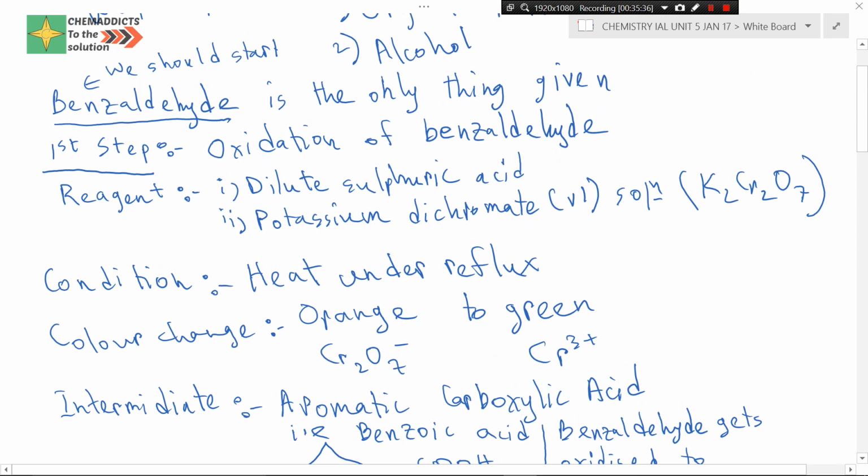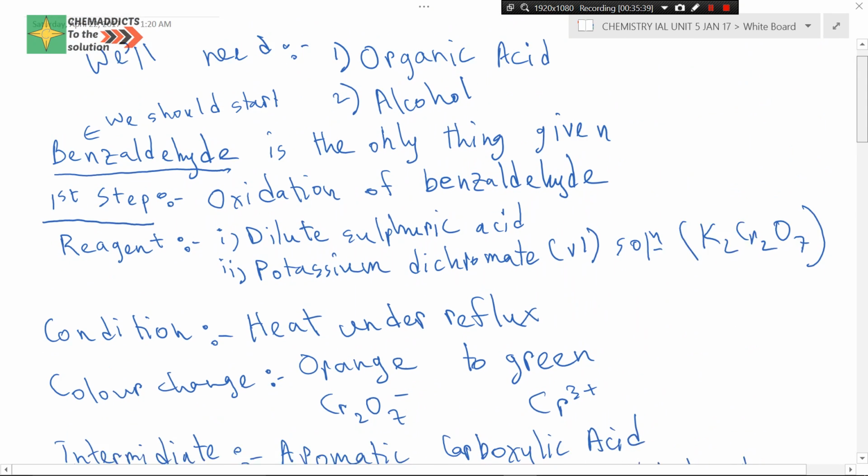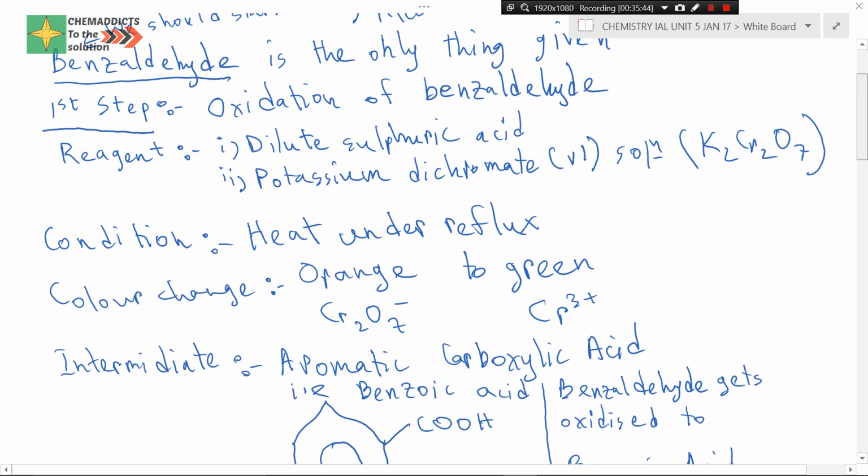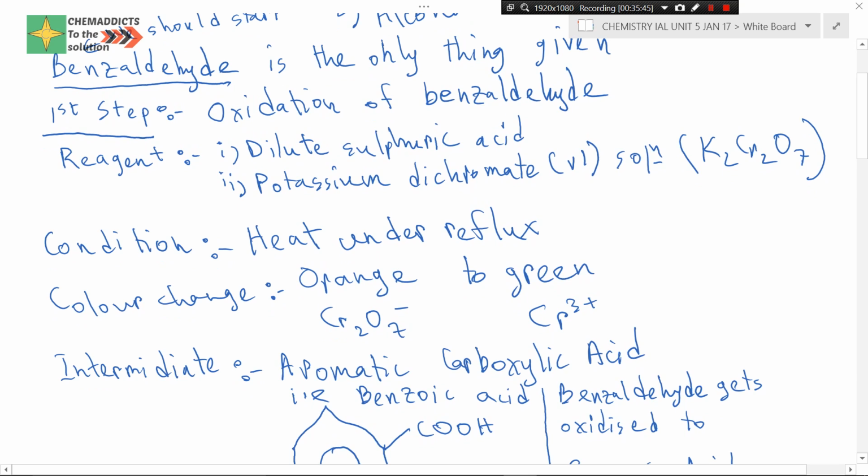So let us break these marks down into smaller steps and see the mark distribution for each individual step. Okay, I have got the mark scheme.